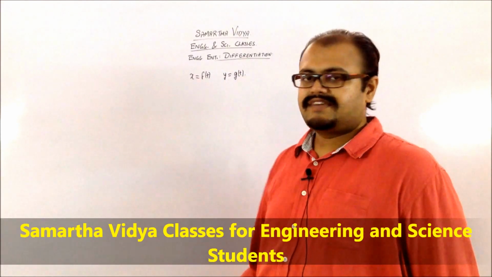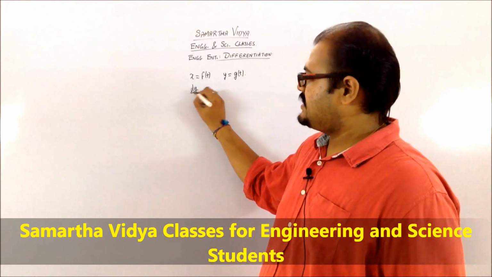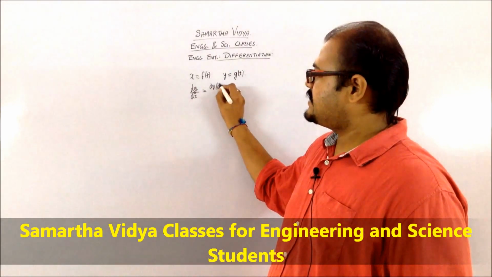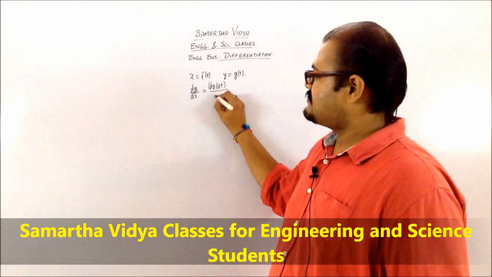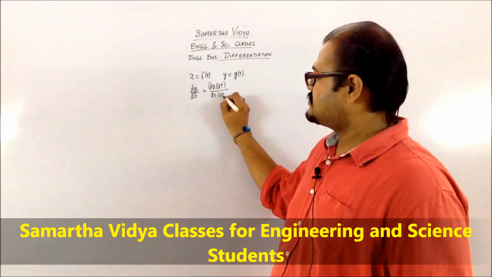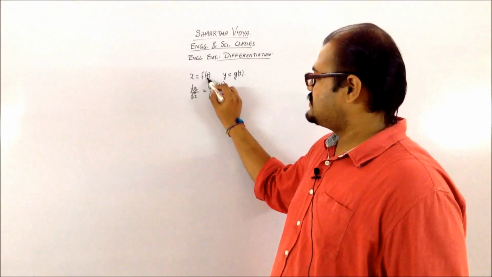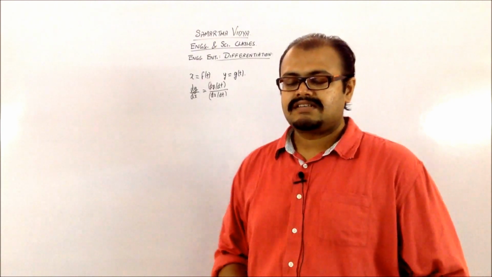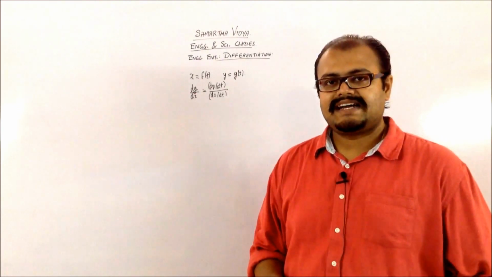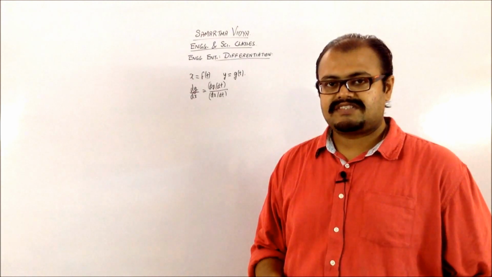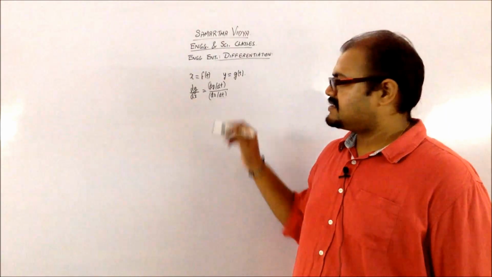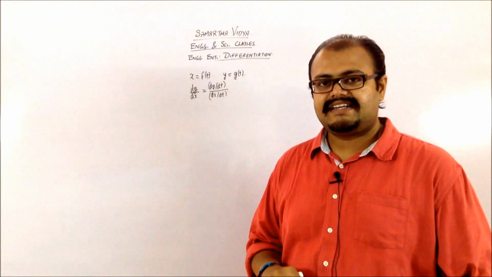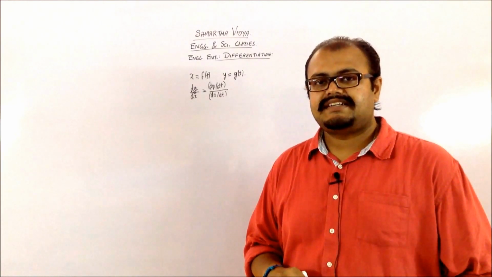If you want to find dy by dx, then you need to find dy by dt divided by dx by dt. Here t is the parameter. So whenever a parametric form is given to you, remember this equation: dy by dx is dy by dt upon dx by dt.